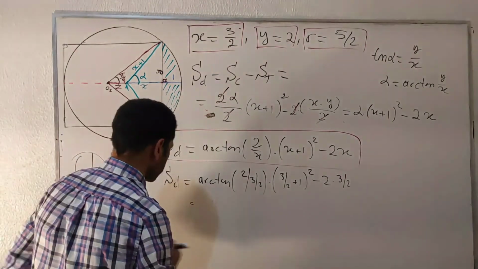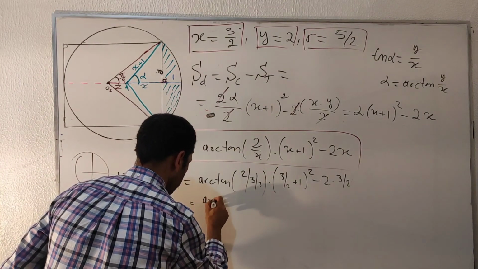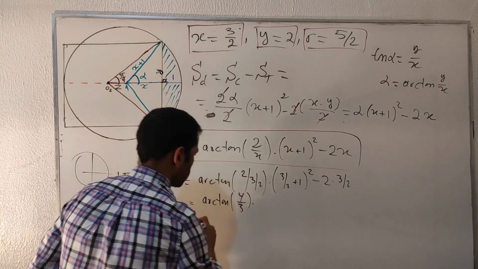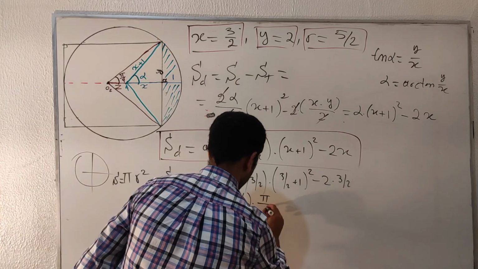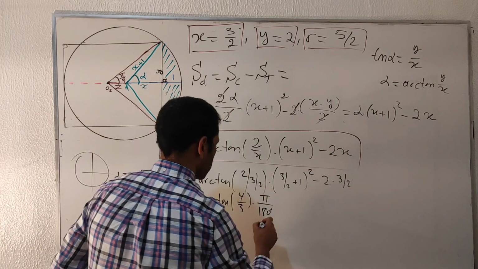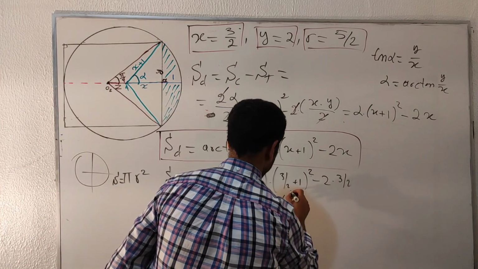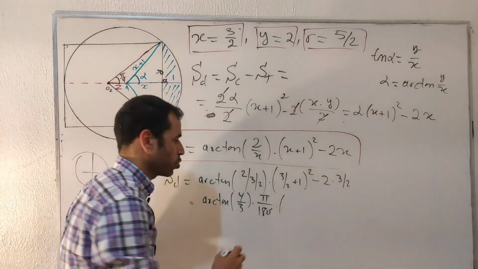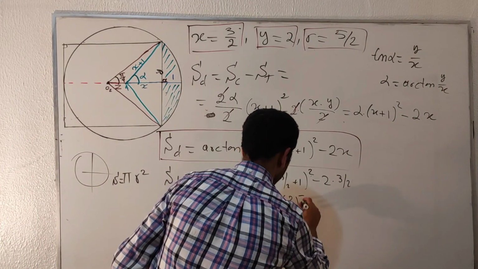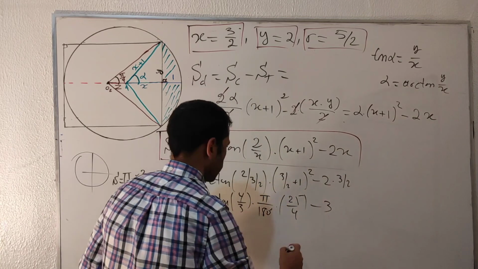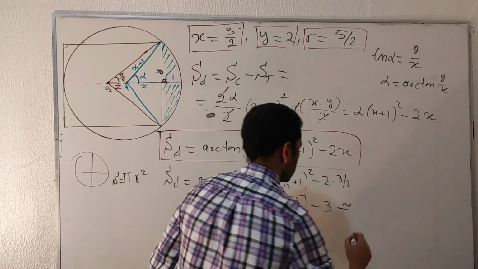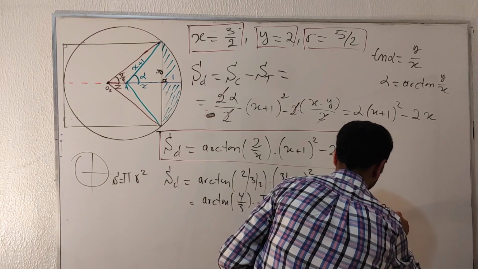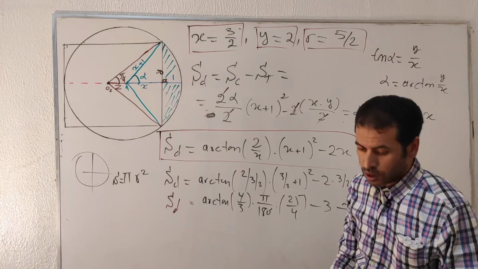I get here arc tangent of 4 over 3 multiplied by pi over 180 degrees, times 5 over 2 squared, which is 25 over 4, minus 3. If you calculate this, you will have approximately 2.795.